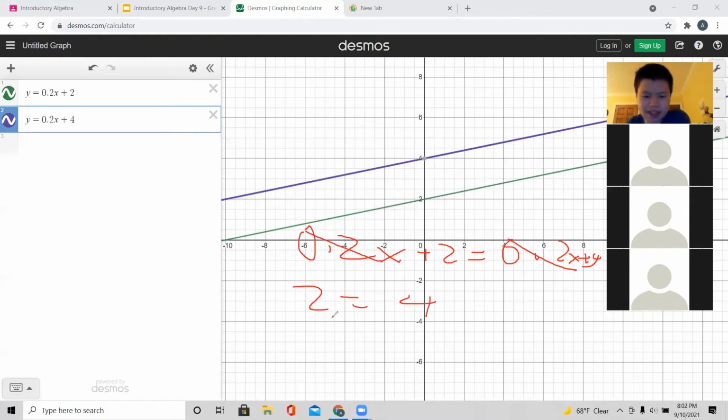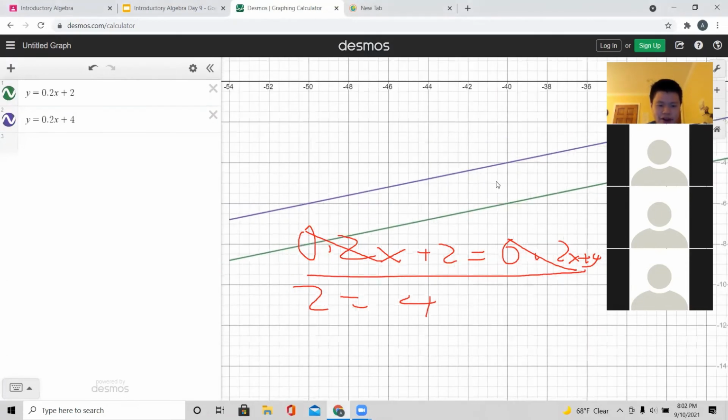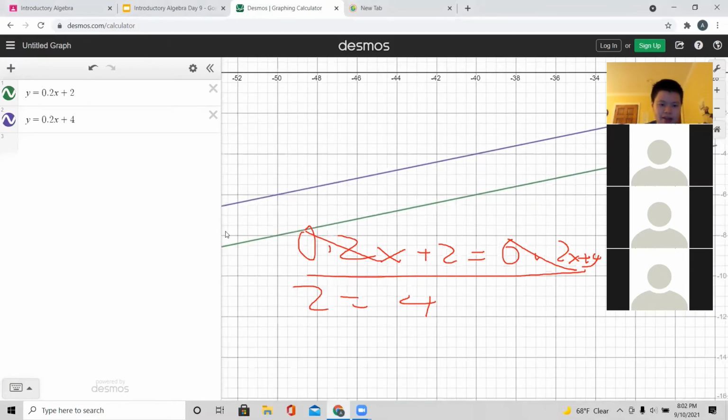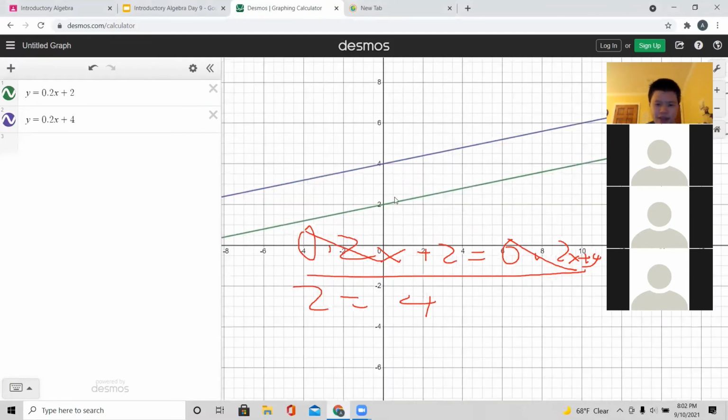Now 2 does not equal 4, which is self-evident. So this equation is impossible. The conclusion is that these two lines, green and dark blue or purple, never meet. Looking along, they go hand in hand really, but they never meet.